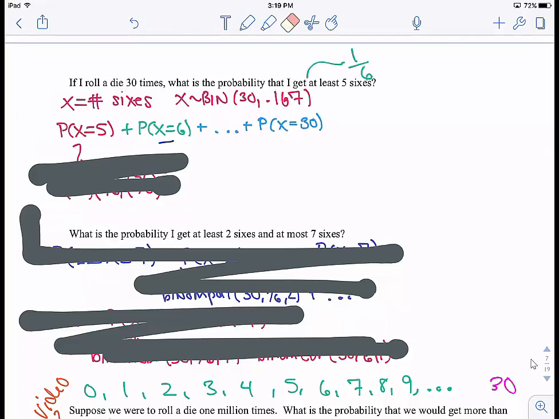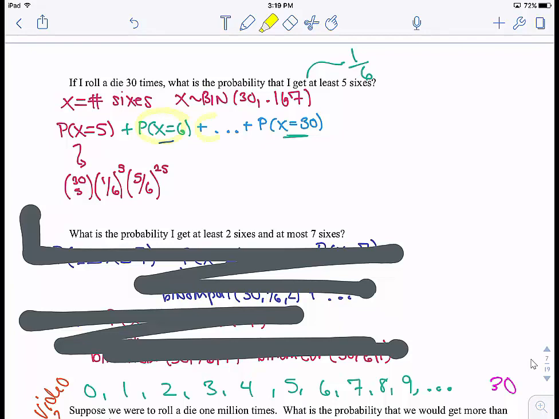And so what we're looking for is that you've got 5 6s, 6 6s, all the way up to 30 6s. So you could just go ahead and add all of those up. So you do the first one, then you do it again for 6, 7, 8, 9, 10. I refuse. Or use the idea of at least.